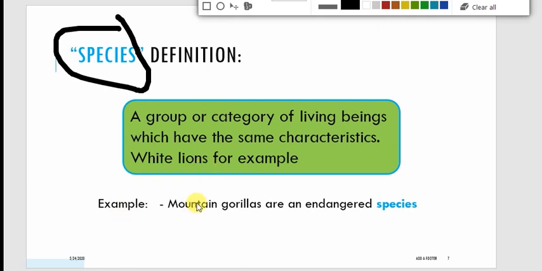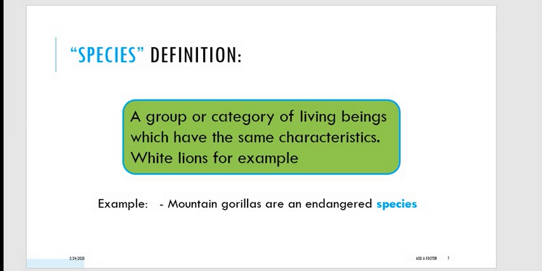An example we have here: mountain gorillas are an endangered species. It means that mountain gorillas really face the danger of extinction, of disappearing. So that's a species. It's a group or a category of living beings. We have an illustration for that as well.